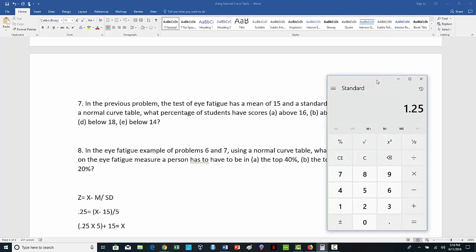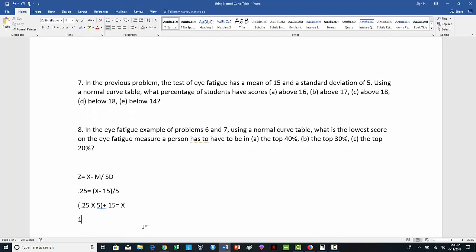And ours will be, because if we take that 1.25 and add the mean to it, 15, which comes from right here, we get 16.25, and that's our answer. So for part A, the lowest score a person has to have to be in the top 40%, the answer is 16.25. And that makes sense because that number is above the mean.